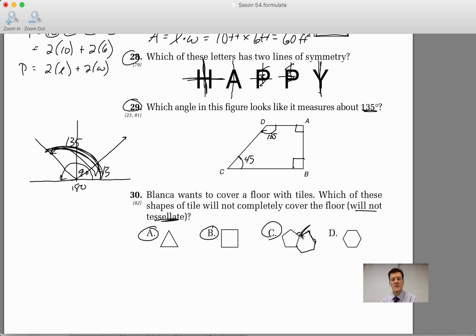There's going to be a little bit of space there. Okay, so I think a pentagon was one that would not tessellate, so I think it is C. You can double check, go back and look at that lesson, but I think it was the pentagon that would not, if I'm not mistaken.